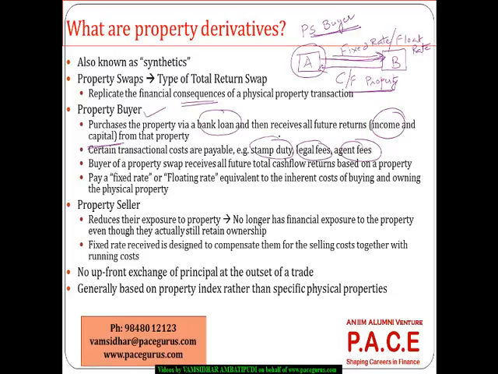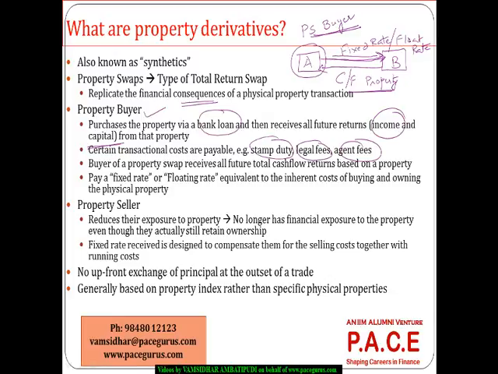So it even includes stamp duty, legal tax and all the other costs. Either a fixed rate or a floating rate is paid by this payer at regular intervals. So one party is paying some fixed or floating rate. The other party is paying the total returns that are possible on the property.